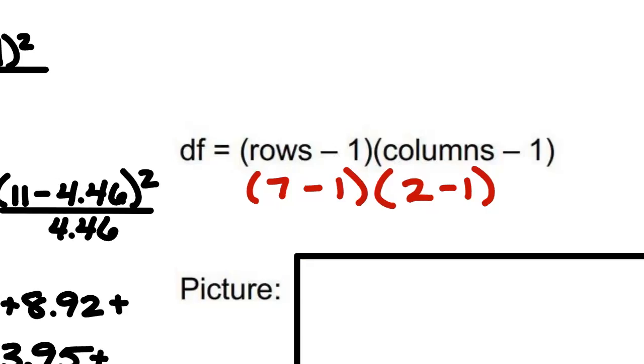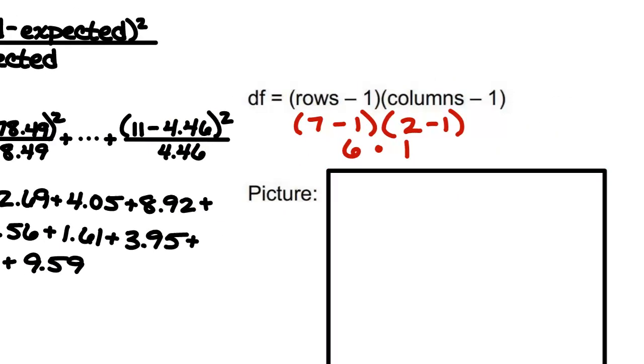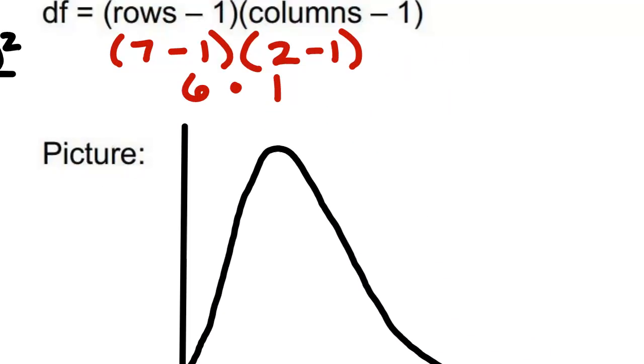All right. We're going to subtract 1 from each of those. So I'm going to have 6 times 1, which means how many degrees of freedom? 6 degrees of freedom. All right, so chi-squared with 6 degrees of freedom.